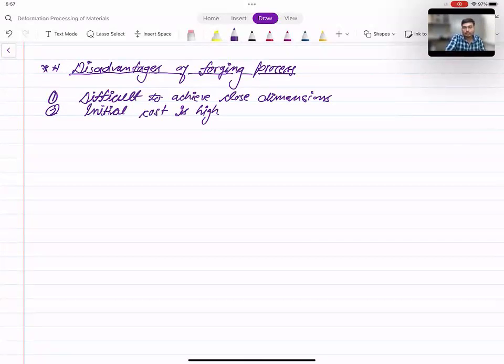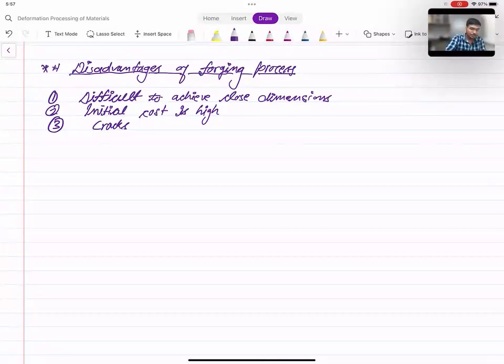Other thing is there are chances of cracking of the workpiece. Okay, so cracks. Again, the maintenance of equipment is costlier.